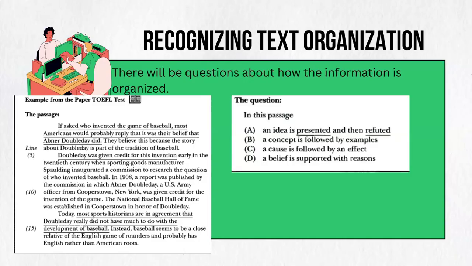And the question will look something like this. In this passage, an idea is presented and then refuted. A concept is followed by examples. A cause is followed by an effect. Or a belief is supported with reasons.